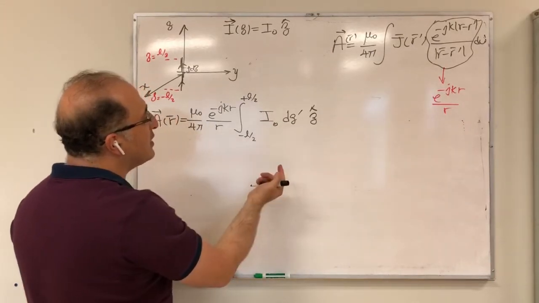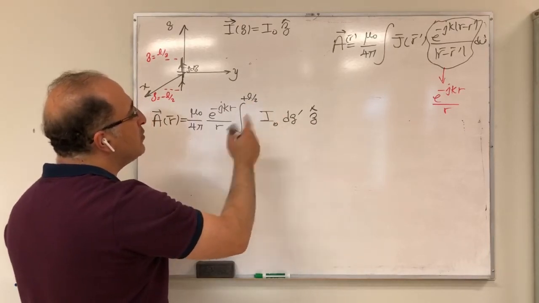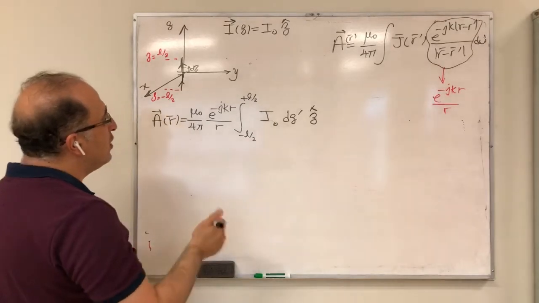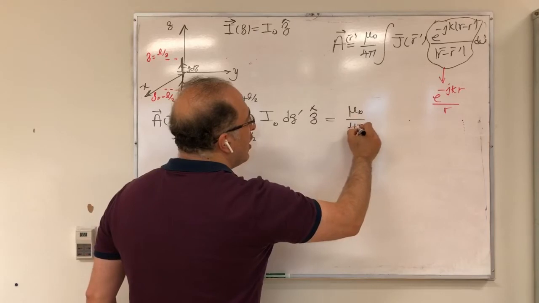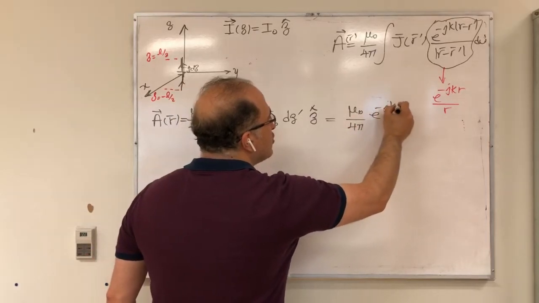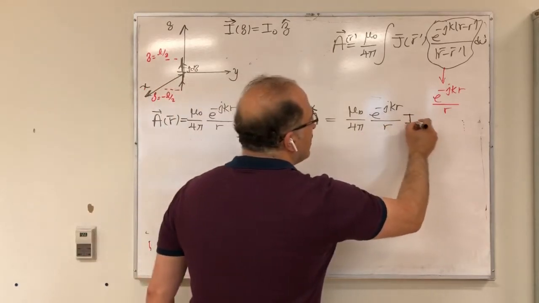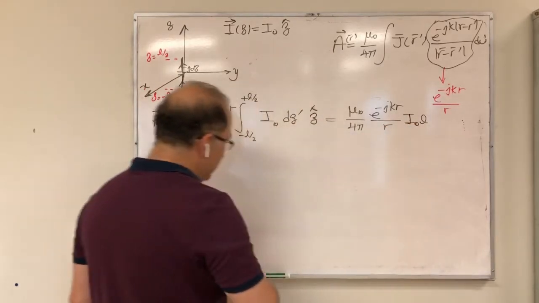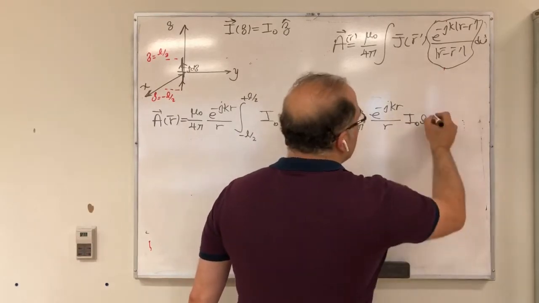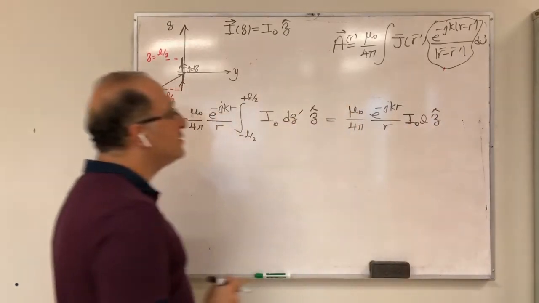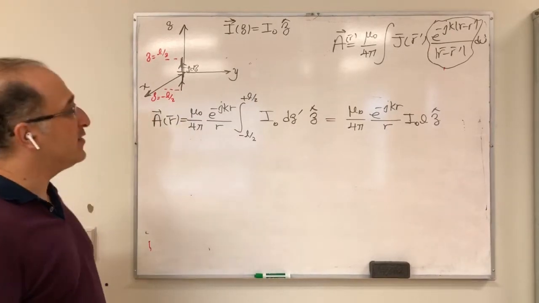So the result of integration would be I naught times L over 2 minus minus L over 2, that would be I naught L. So I can just directly write the result as mu naught over 4 pi, e to the power of minus jkr over r, times I naught L, and that's going to be my z hat.